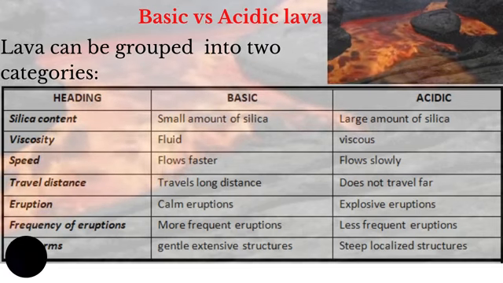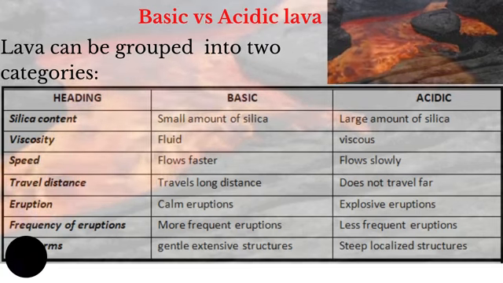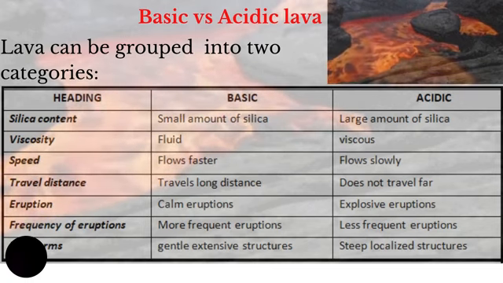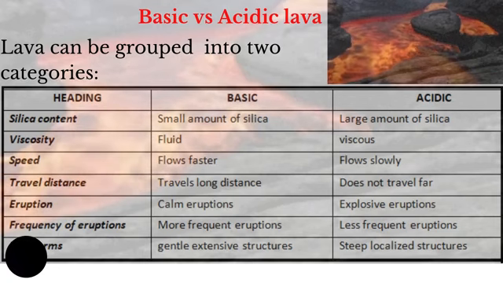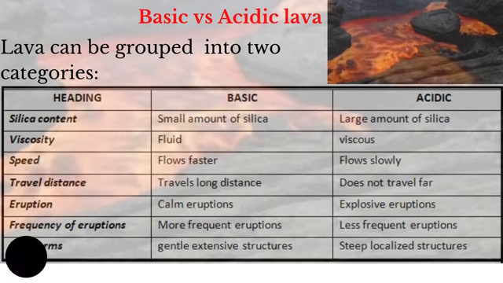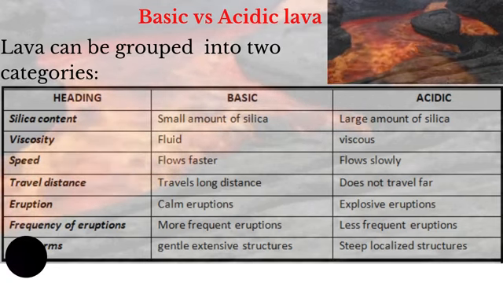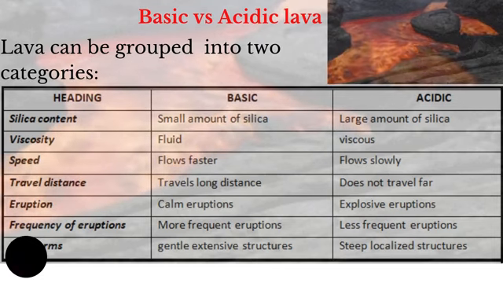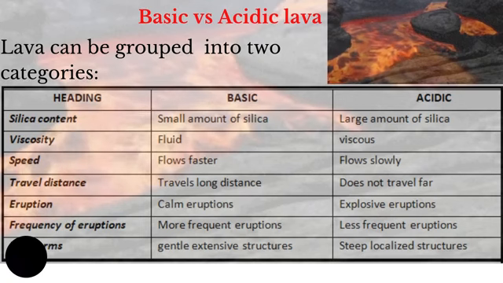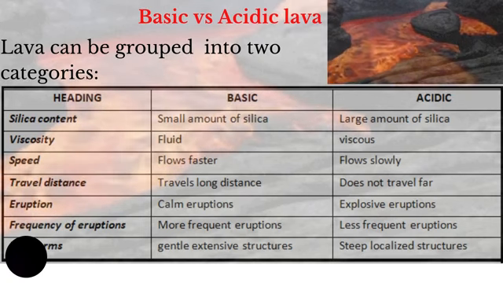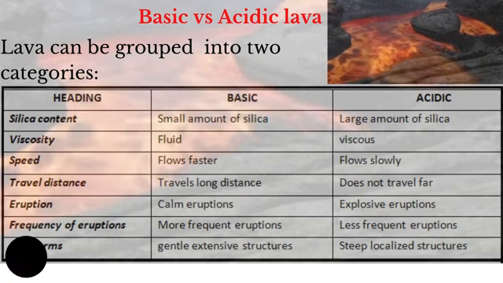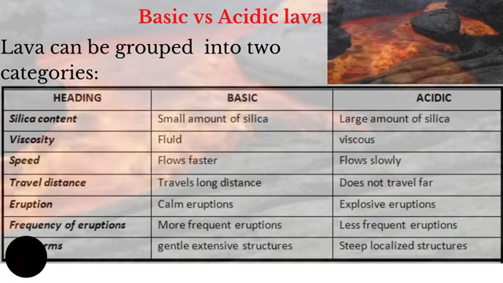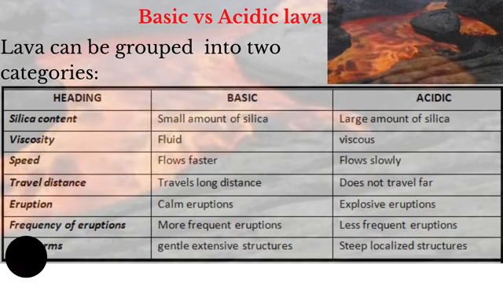Acidic lava, on the other hand, being of a lower temperature and flowing more slowly, will solidify before it travels over a long distance. So acidic lava usually solidifies closer to the vent.